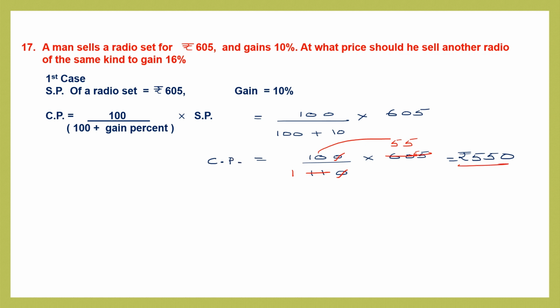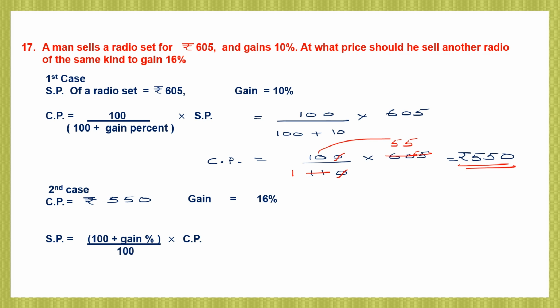This is important. Now, in the second case, he's going to sell another radio set of the same kind. So the cost price will be the same because the radio set is of the same kind. So 550 rupees is the cost price. He wants to get a gain of 16%.